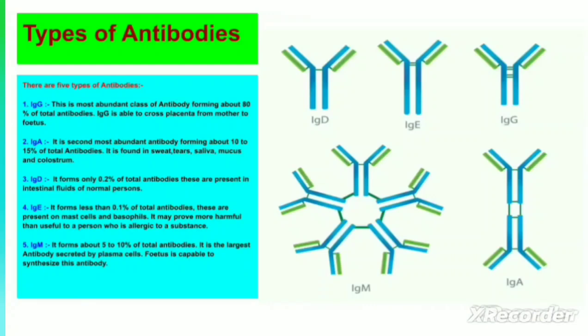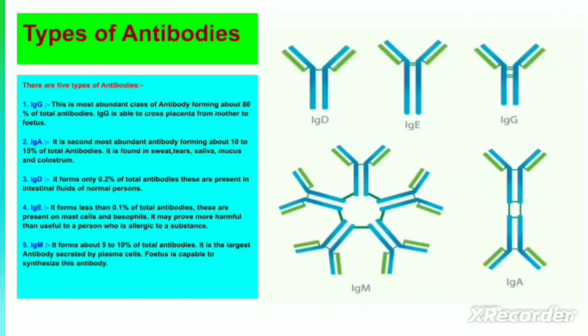Now, the third antibody is IgD. It forms only 0.2% of total antibodies. These are present in intestinal fluids of normal persons. Now, the fourth type of antibody is IgE.